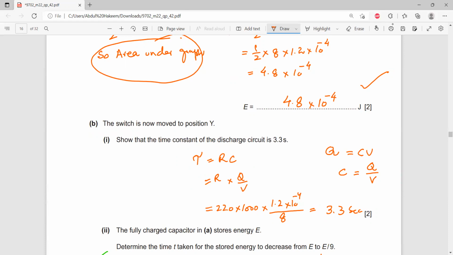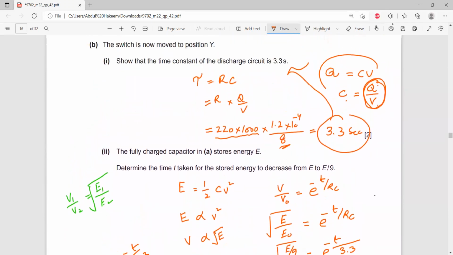Now the capacitance: from the formula Q = CV, C is equal to Q divided by V, which is the gradient of the graph. So the gradient of the graph is the capacitance. Our resistance is 220,000 ohms, the charge is 1.2 × 10^-4 when the voltage is 8 from the graph, so the answer is 3.3 seconds. So this is the time constant, meaning the time in which the capacitor is fully discharged.